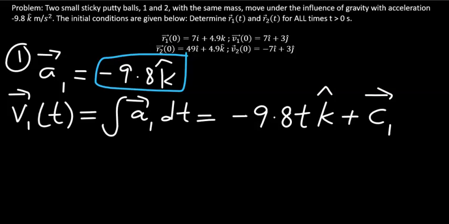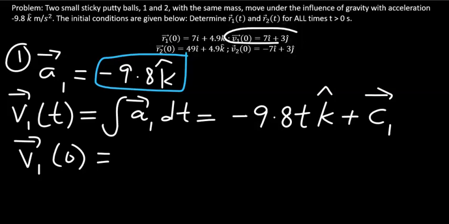It's a constant vector. We note that at t equals 0, the velocity vector for object 1 is given by that expression. So the first term goes away because at t equals 0, the first term is 0.